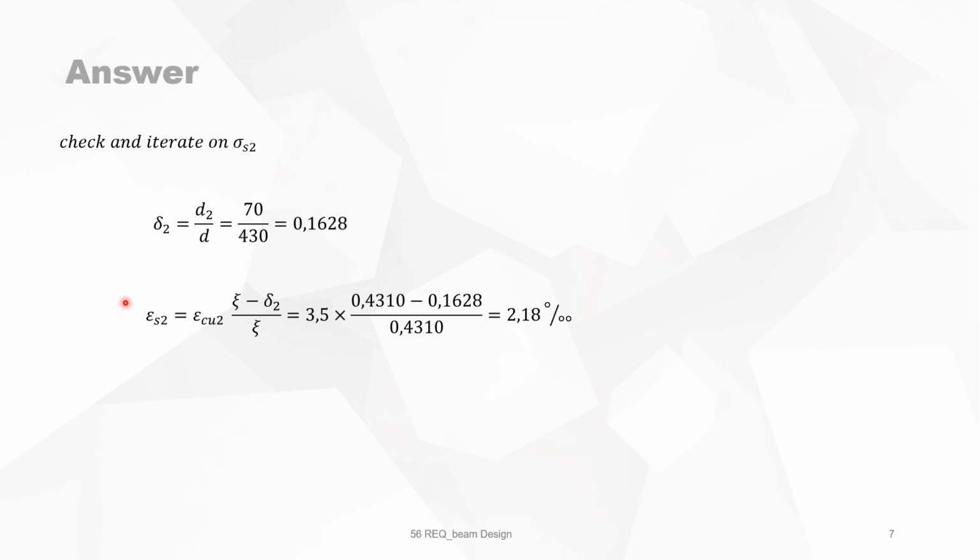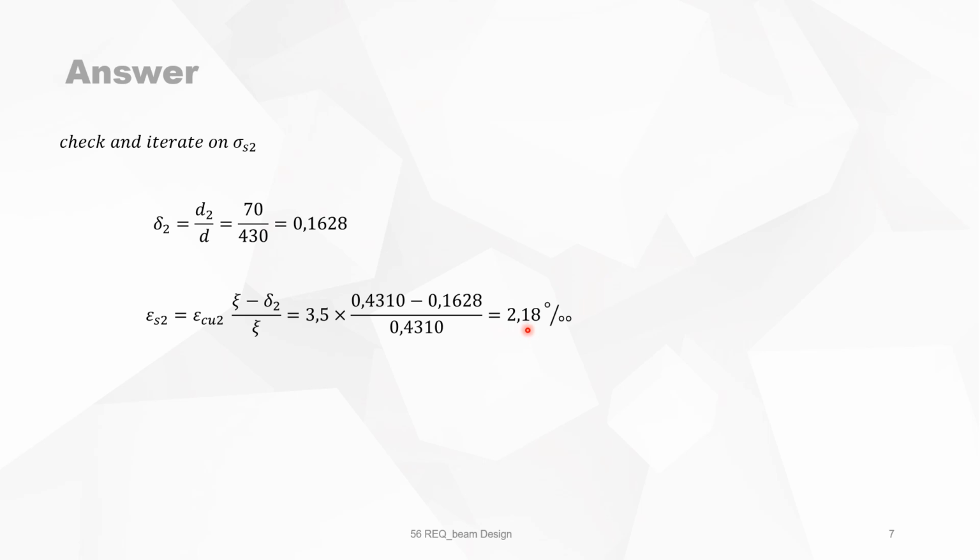So we can, from similar triangles, easily calculate the strain in the compression reinforcement, starting with the strain in the concrete. It's just proportional. And then we find that this is 2.18 per mil. So that's fine because this is yielding. So it means that the stress in the compression reinforcement is 435 megapascal.